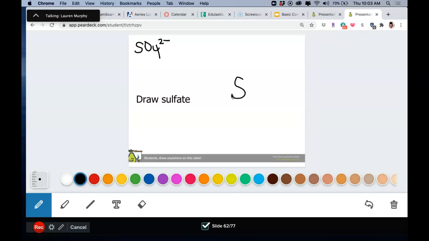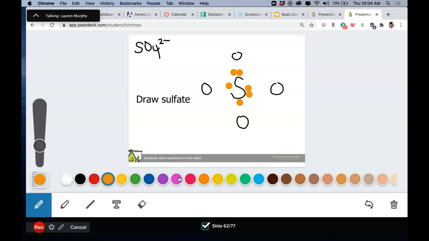So obviously sulfur's in the middle with 1, 2, 3, 4 oxygens. And then sulfur has 6 valence electrons: 1, 2, 3, 4, 5, 6. It's a little bit bigger than I wanted. And then the oxygens also have 6: 1, 2, 3, 4, 5, 6.